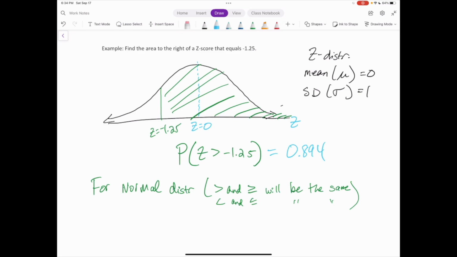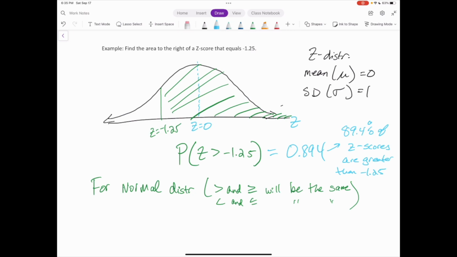So another way of looking at that is saying that 89.4% of z-scores are greater than a negative 1.25. So that's how you interpret that area as being a probability.